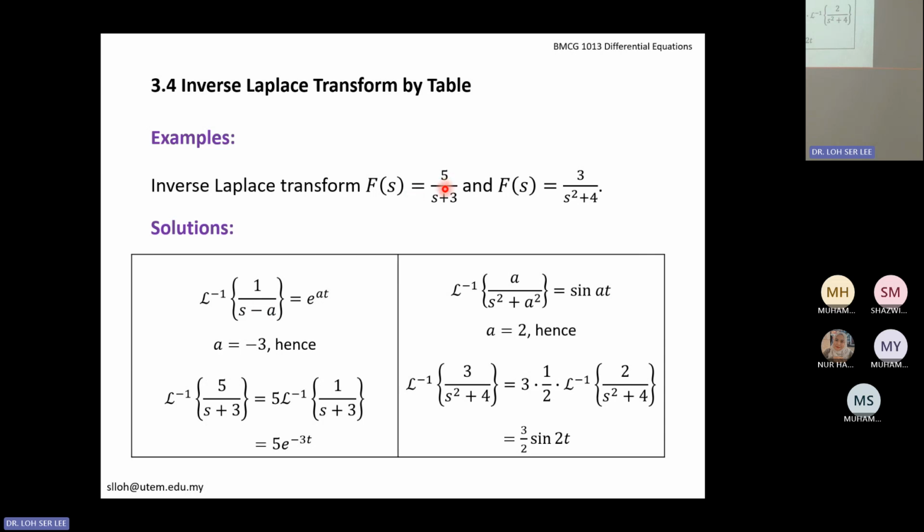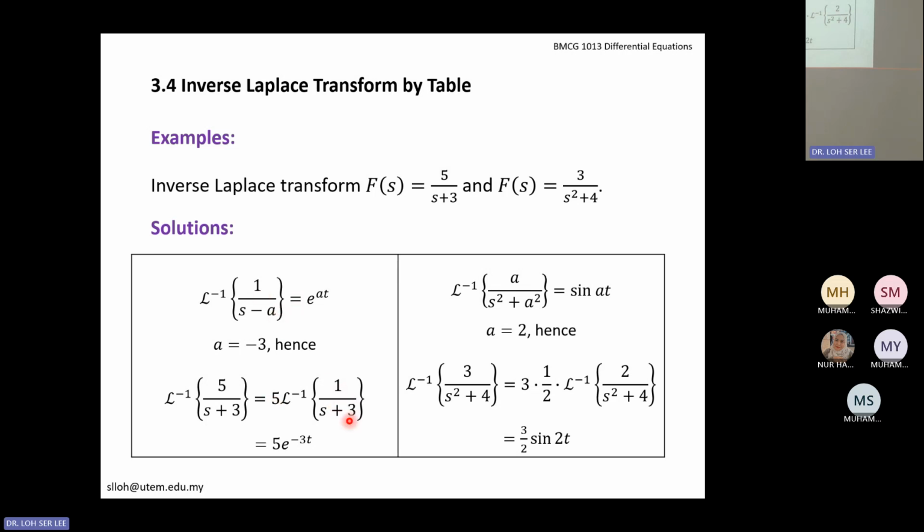You match your function to this one. We need only 1 at the top, we don't need 5. Whatever we do not need, we factorize. So we factorize the 5, then compare this to the formula.